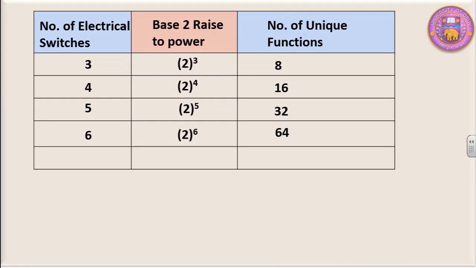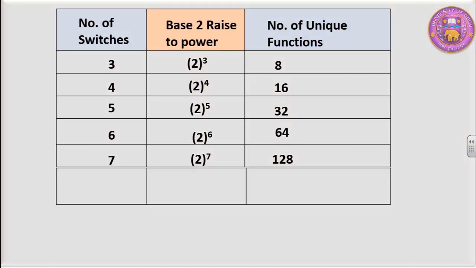Suppose we have 7 electrical switches, then 2 raised to power 7 can create 128 unique functions. Now in case we increase the number of switches to 8, then 8 switches in combination can produce 256 unique functions. It means these 256 unique functions can be assigned to 256 unique characters. This is EBCDIC.